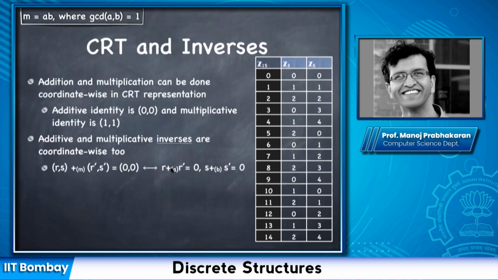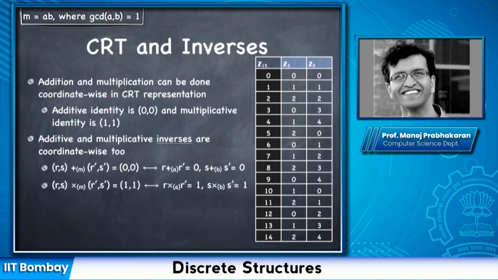In other words, r prime and s prime are the additive inverses of r and s in their respective sets, in Z_A and Z_B. So r prime is the additive inverse of r in Z_A, and s prime is the additive inverse of s in Z_B.